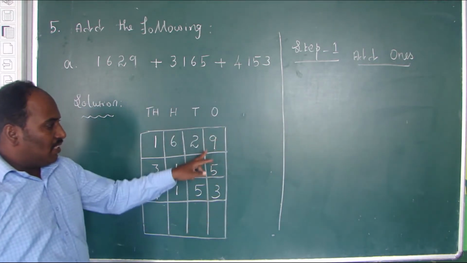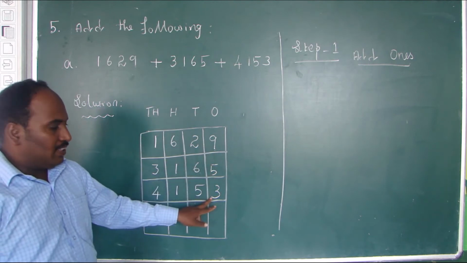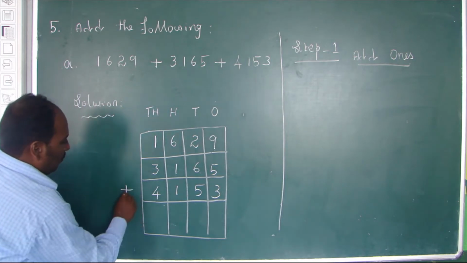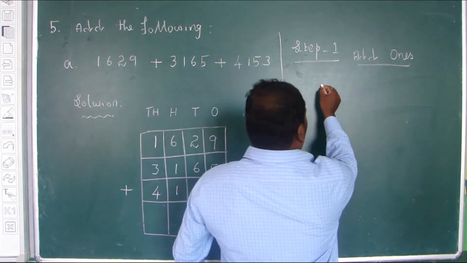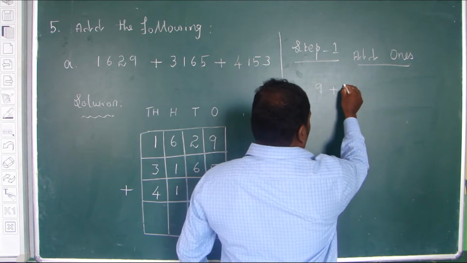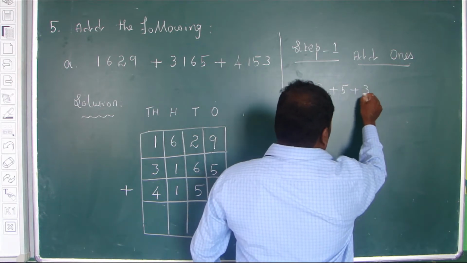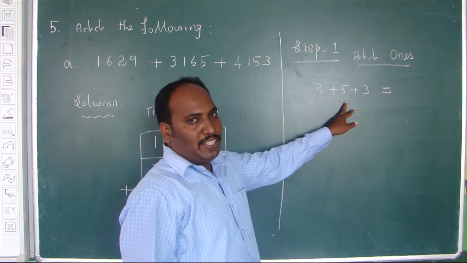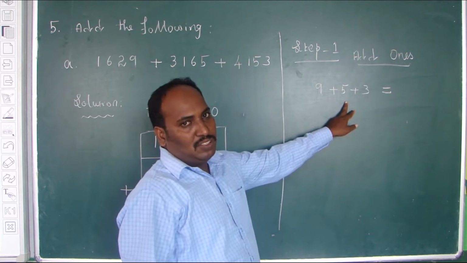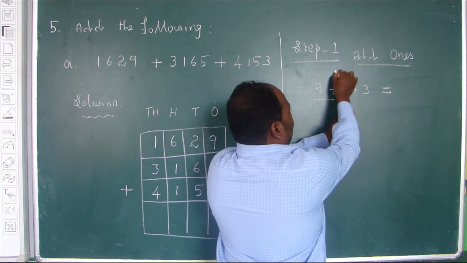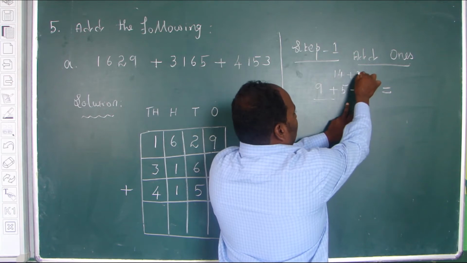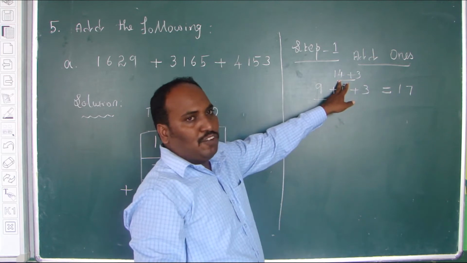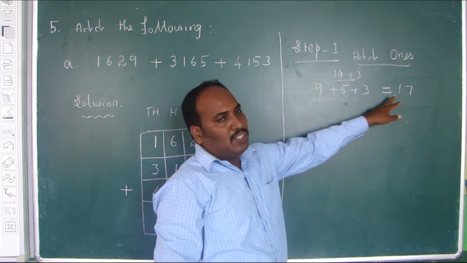Here ones place is 9, 5, 3. 9 plus 5 plus 3: 9 plus 5 is equal to 14. Next 14 plus 3 is equal to 17.